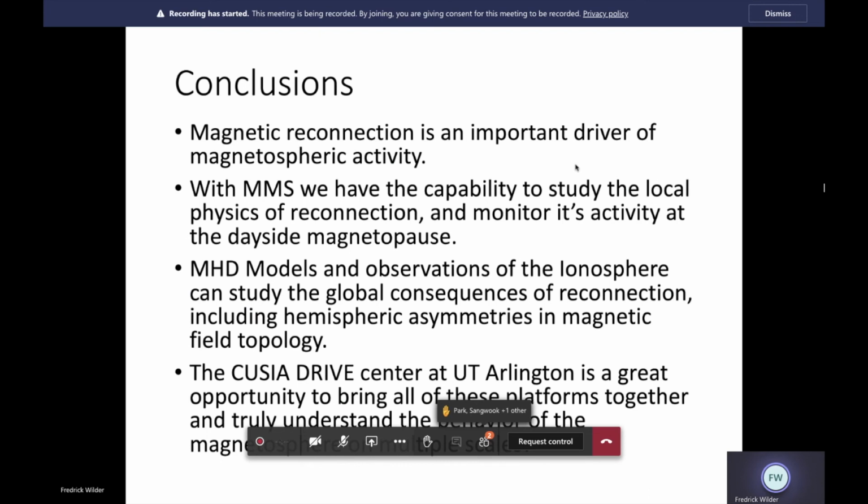Yeah. So I think Ramon is involved in a Chinese mission called SMILE, I think a joint China and EU mission, that is using X-rays to try to take a snapshot of reconnection at the dayside magnetosphere. Ramon knows more about that mission than I do, but there are ways to observe it remotely as well.